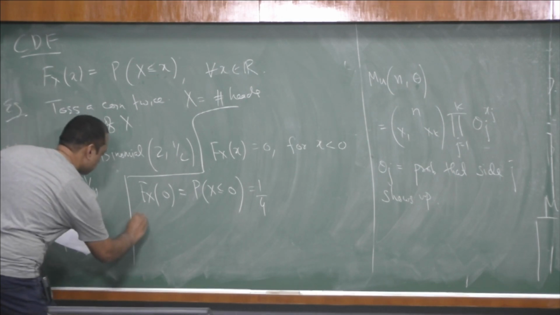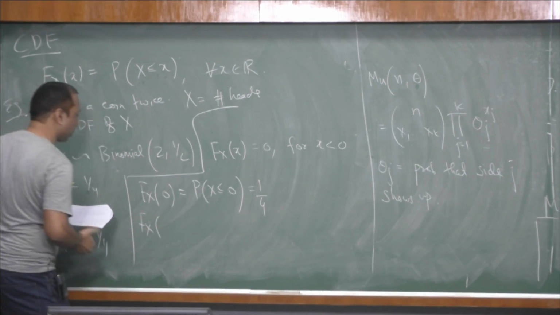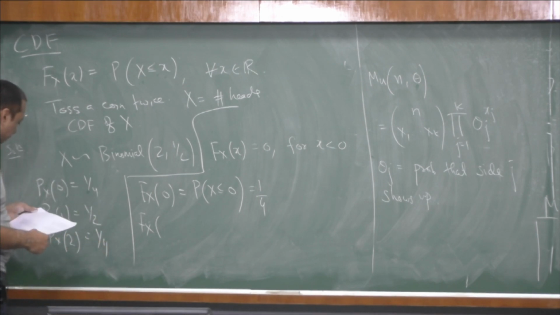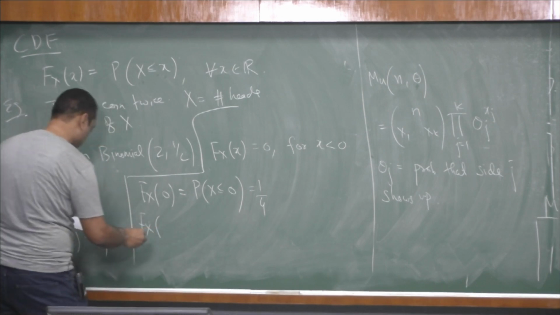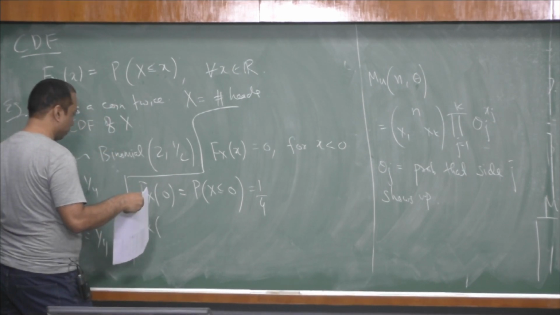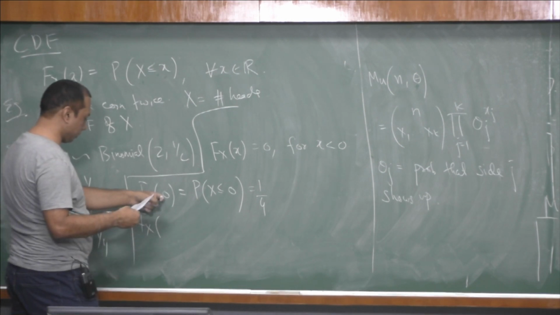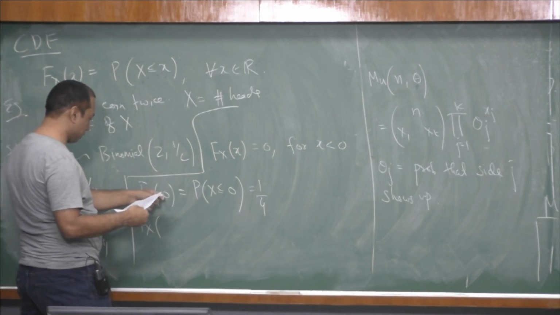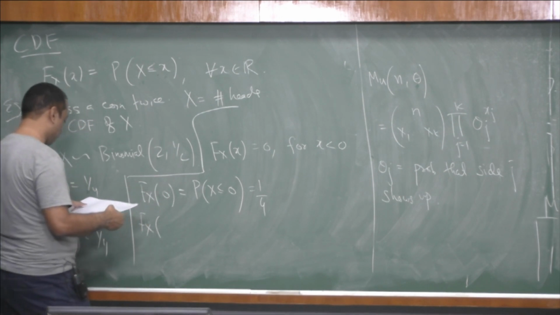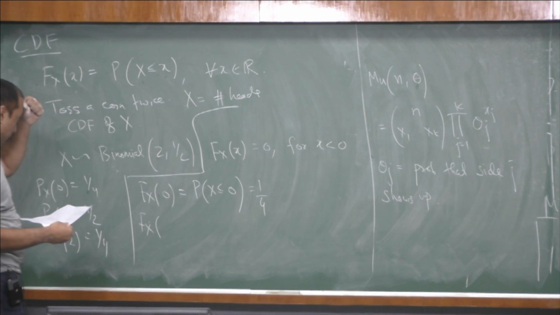And then we consider 1, because 1 is the next possibility. The boundary case is fine, but let us see these cases separately. If x lies between 0 and 1, the 0 case is covered, so we will consider the case between 0 and 1, I mean less than 1.